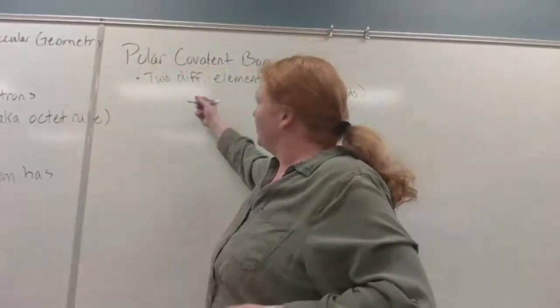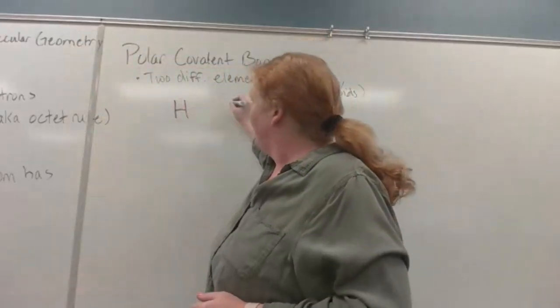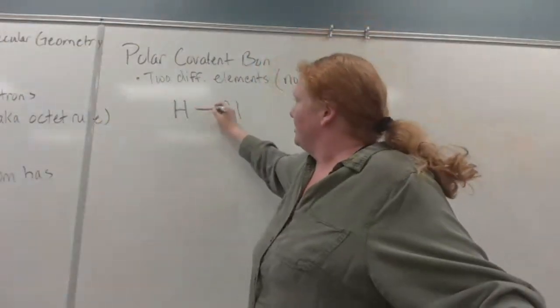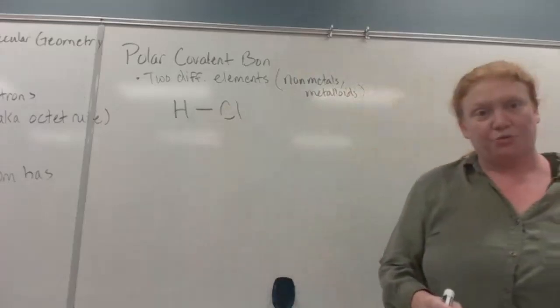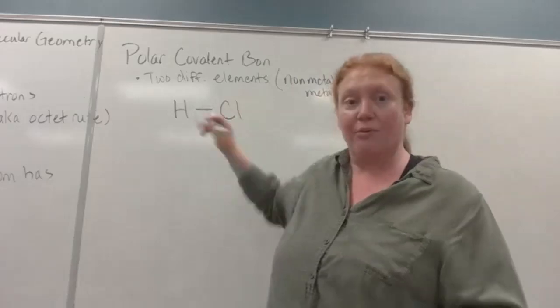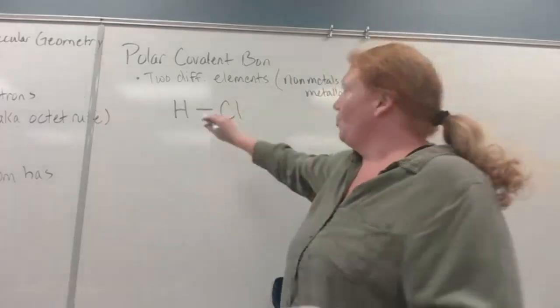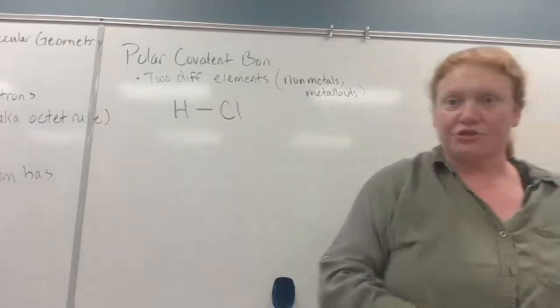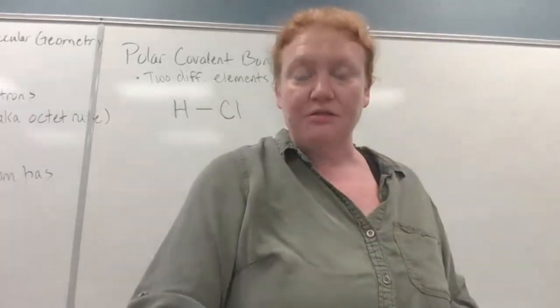So let's do the H and the C. So if I had an H and I said C, I meant chlorine. And let's say there is a single covalent bond between them, okay? Remember, that line represents 2 electrons. Which element is more electronegative, chlorine or hydrogen? You got to think about your trend.